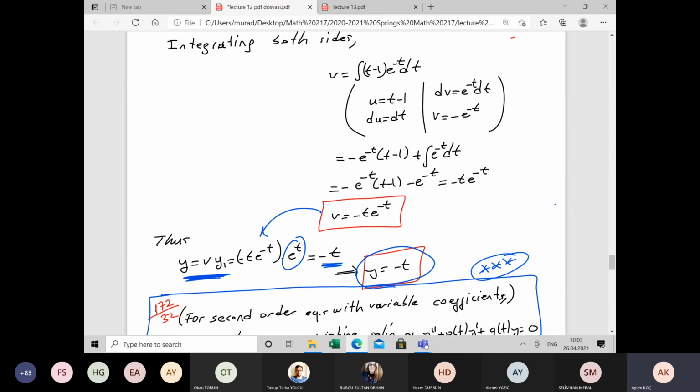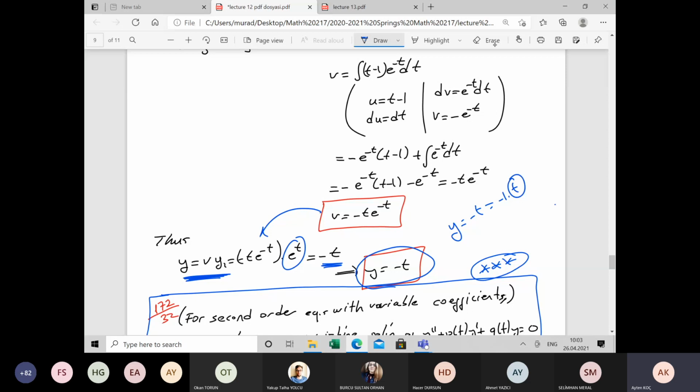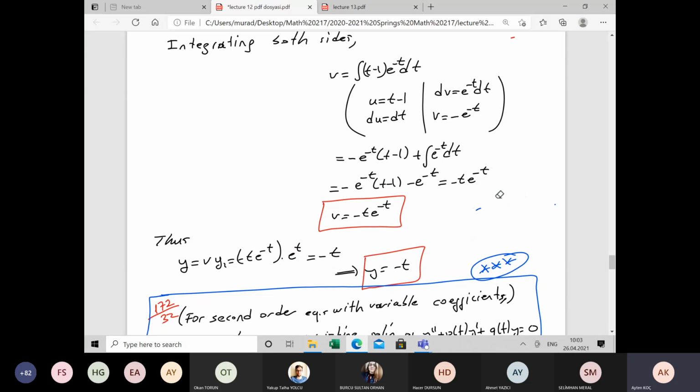But minus t or t is the same, because minus t is equal to minus 1 times t. It is the same by linear combination. So we obtain the same result.